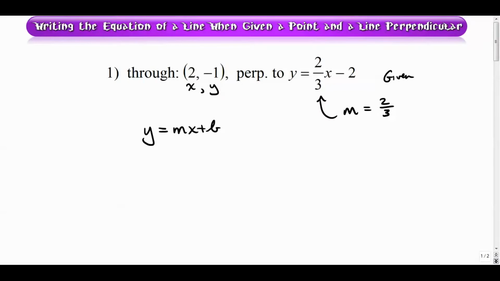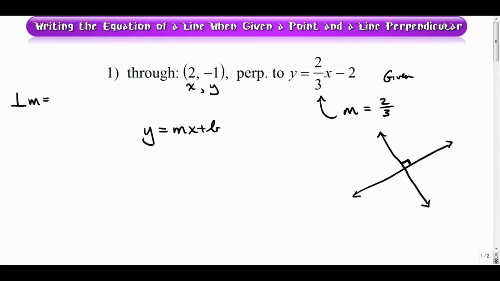The slope that we're looking for is perpendicular, and we use that notation, upside down, capital T. First of all, let's talk about what perpendicular means. Perpendicular lines intersect at 90 degrees. Now, these lines aren't super straight, but that's okay.